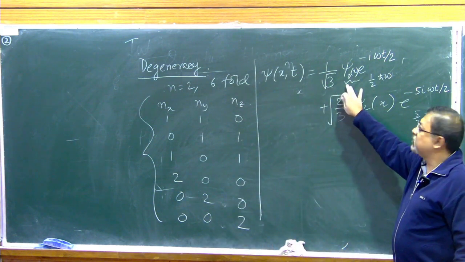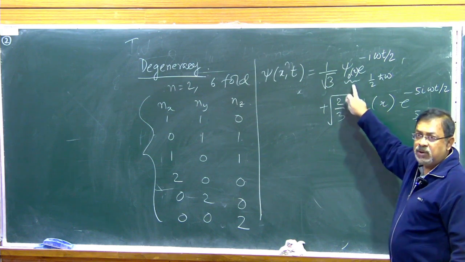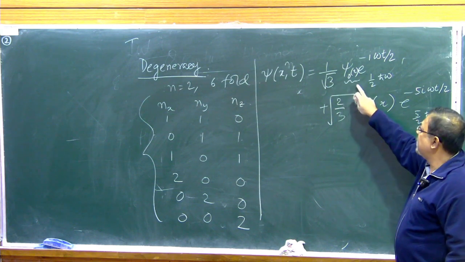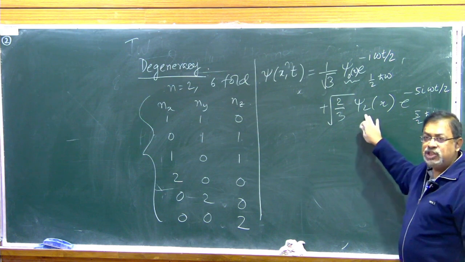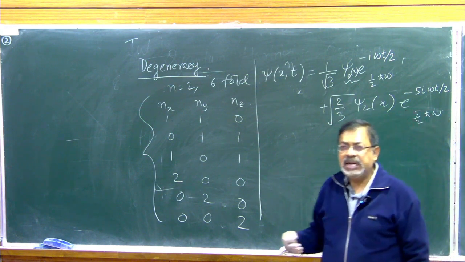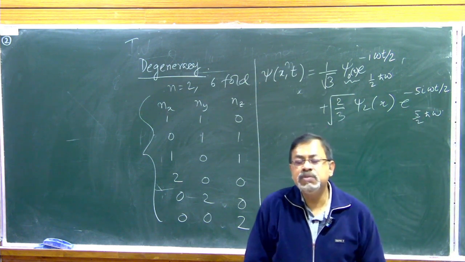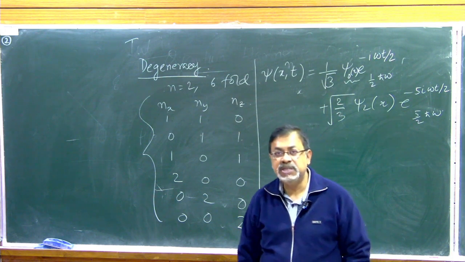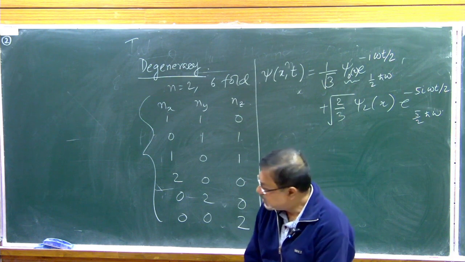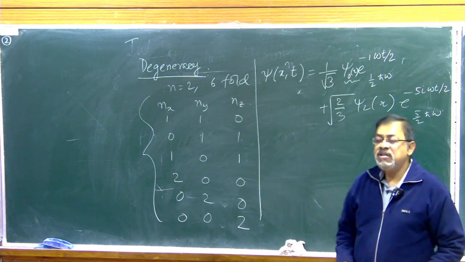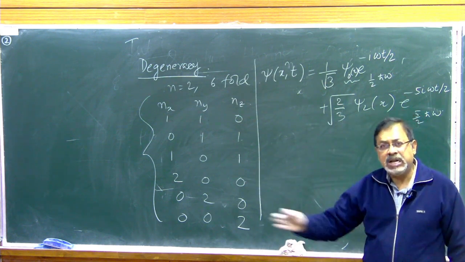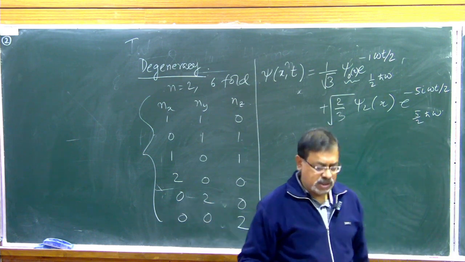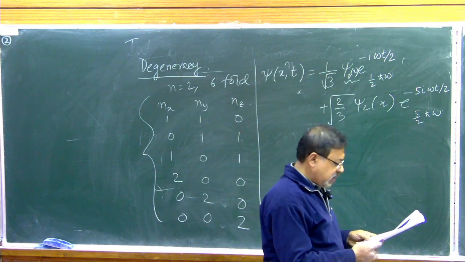It only has H0, the Hermite polynomial with index 0, and this has H2, both of which contain even powers of x, which means if you change x to minus x, nothing happens and it retains its form. So it's an even parity state, and it will remain an even parity state for all times. We'll see such questions probably in the tutorial.